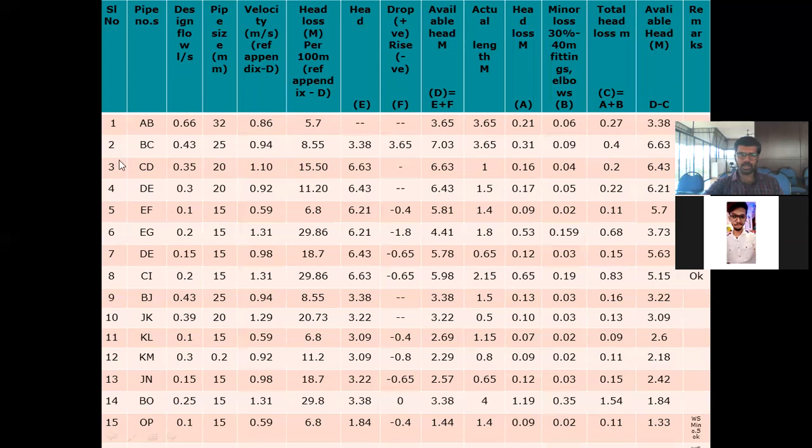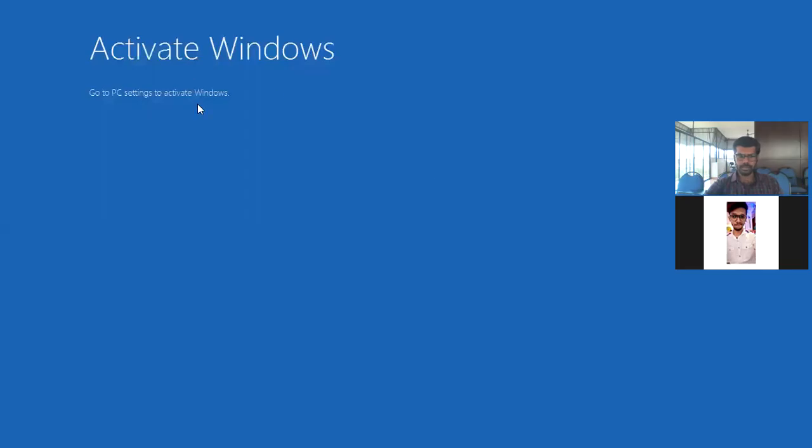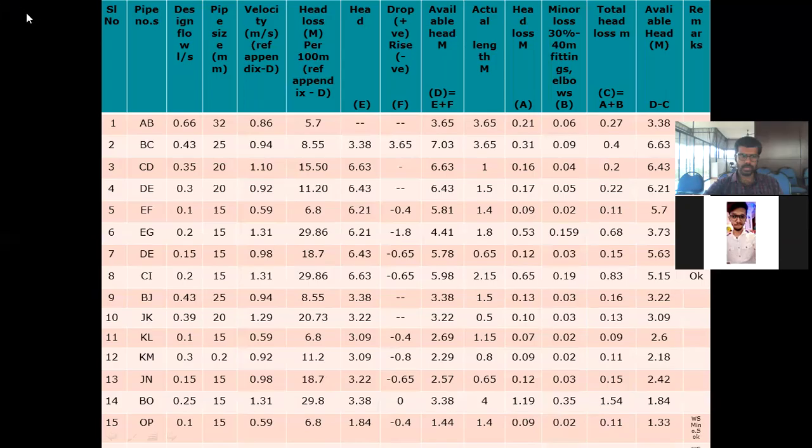And you can write these first two. This one, 1, 2, 3 till 15. You can write A, B, C, D like that.